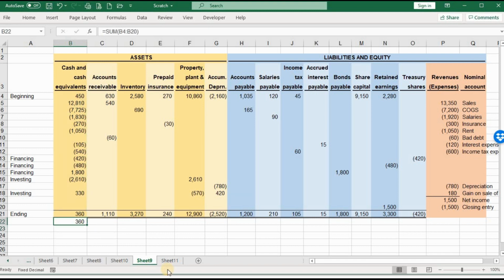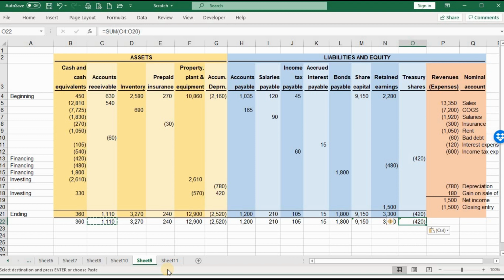So for cash column, the total of all transactions plus beginning balance is 360. For accounts receivable, the total is 1,110, as well as inventory, prepaid insurance, property, plant and equipment, accumulated depreciation, accounts payable, salaries payable, income tax payable, accrued interest payable, bonds payable, share capital, retained earnings, and treasury share.